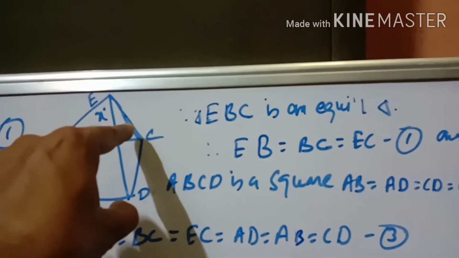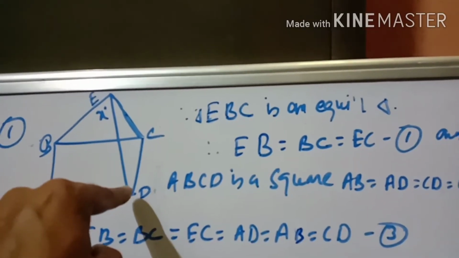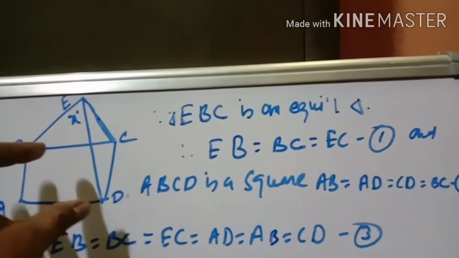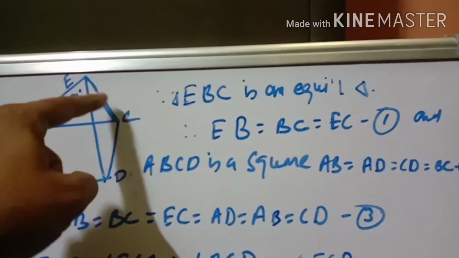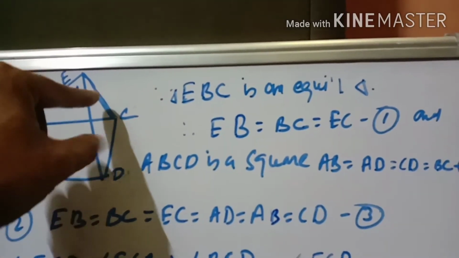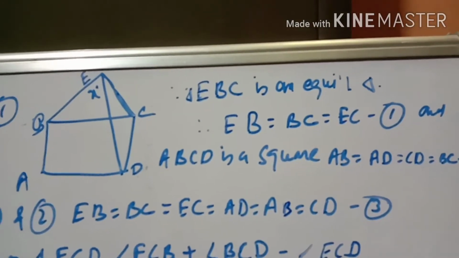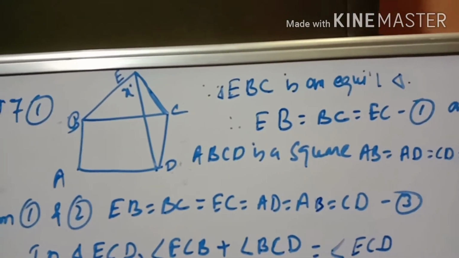This is an equilateral triangle, meaning 60 degrees each angle, and this is a square, so 90 degrees. Therefore, it equals what? Angle ECD. These two angles create this angle ECD. Therefore, angle ECD equals 150 degrees.